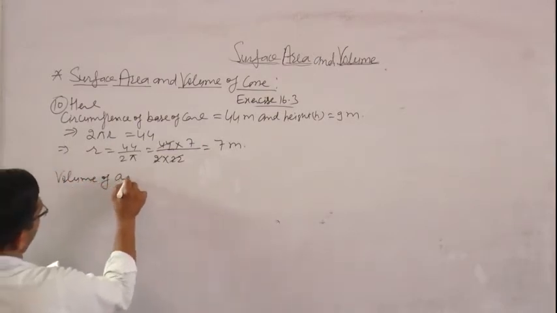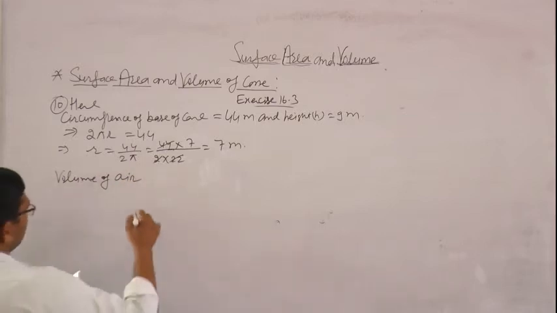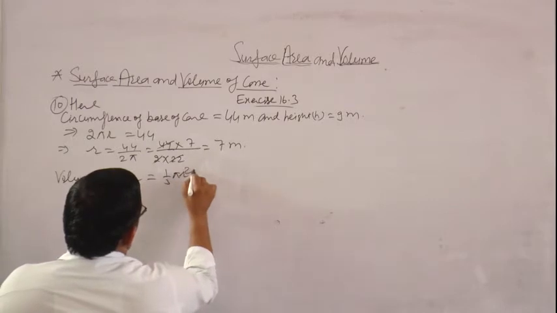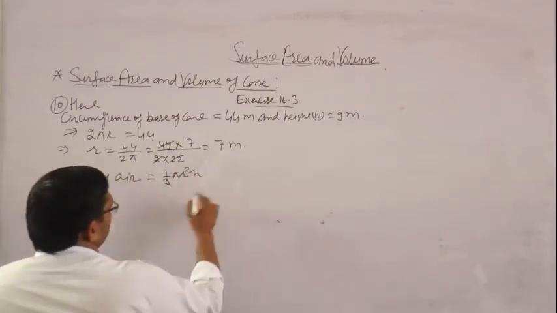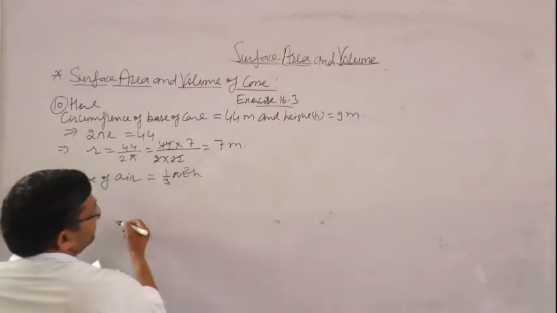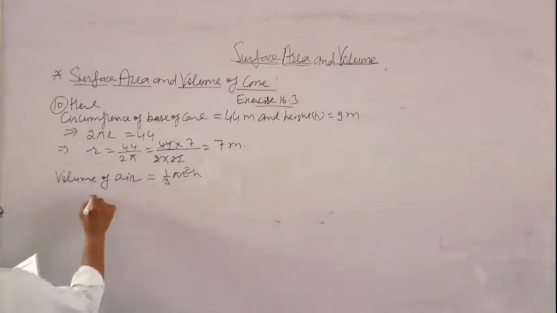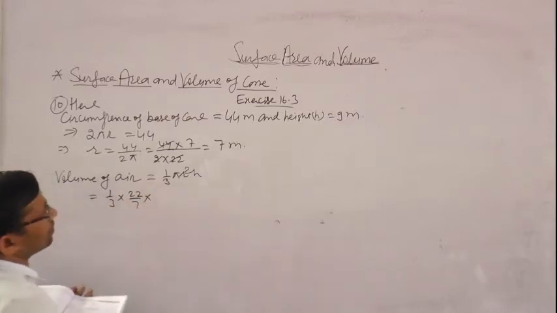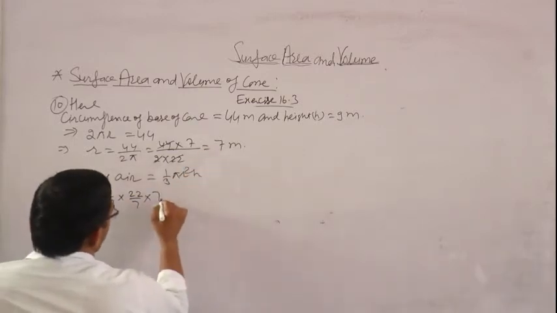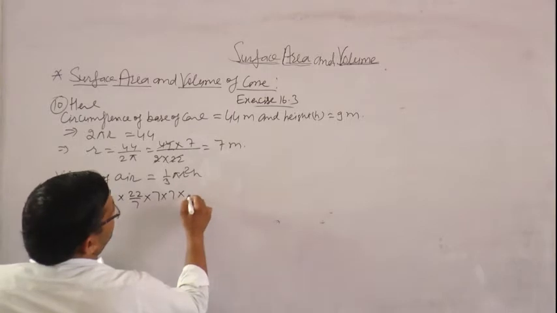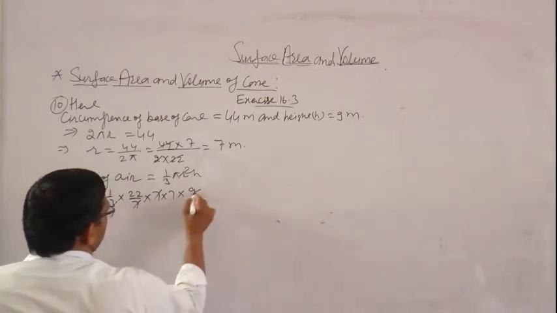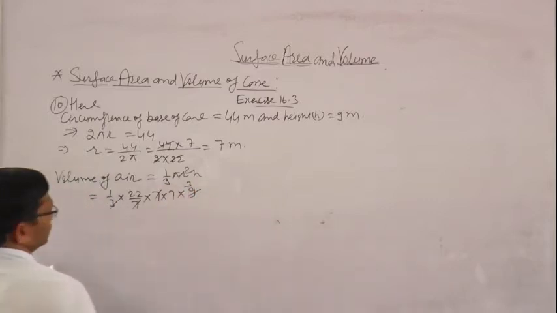Volume of air is equal to 1/3 pi r square h. One upon 3 into pi, 22/7, into r. Radius is 7 and h is 9. So 7 ones are 7, 3 threes are 9.